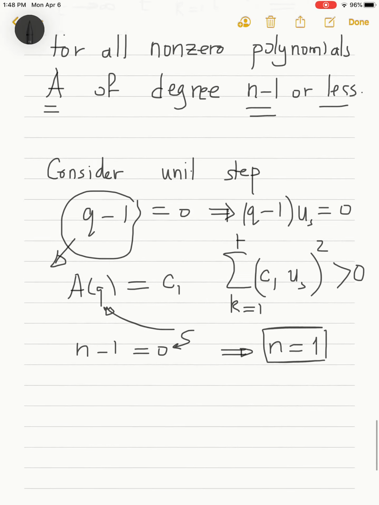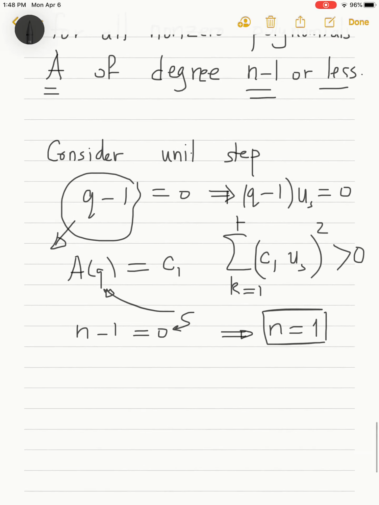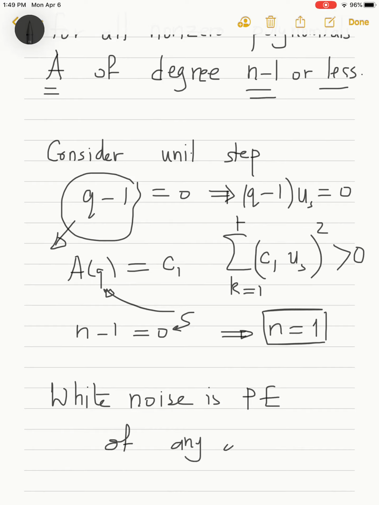Now, is there a function that actually guarantees persistent excitation for any order? The answer is yes, and this would be the white noise. So the white noise is persistently exciting of any degree.